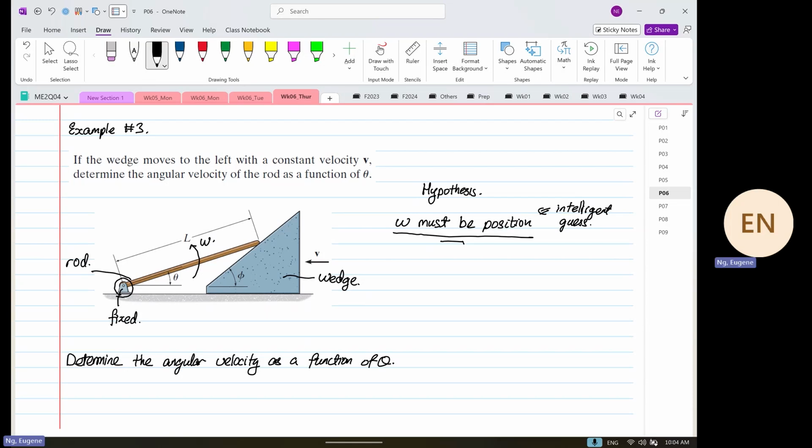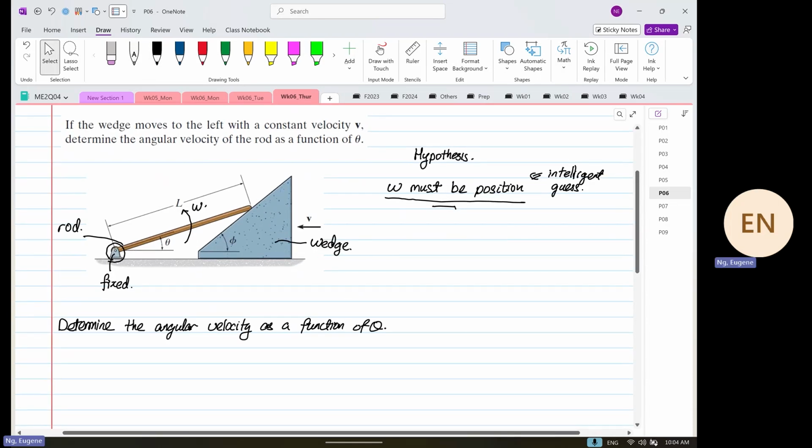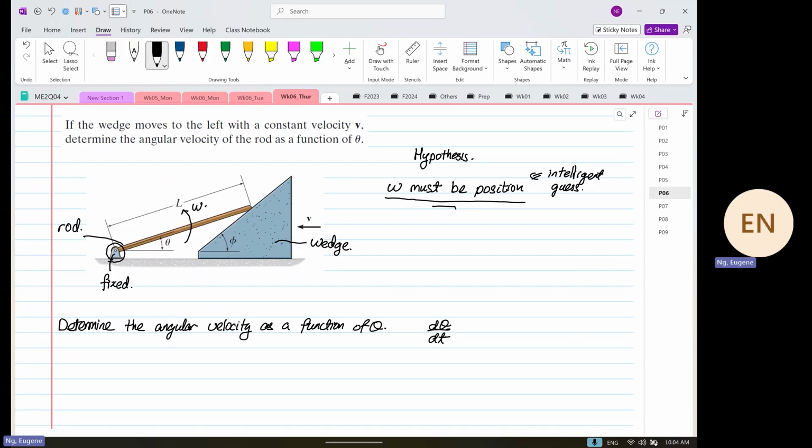Build this in, because we know that d theta over dt eventually will be equal to our omega. Okay.